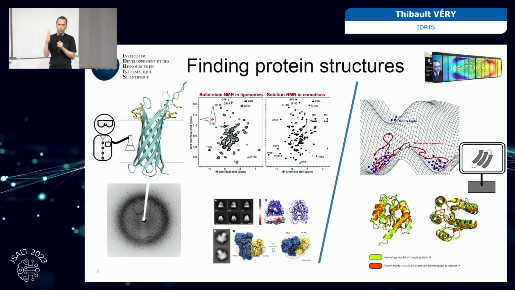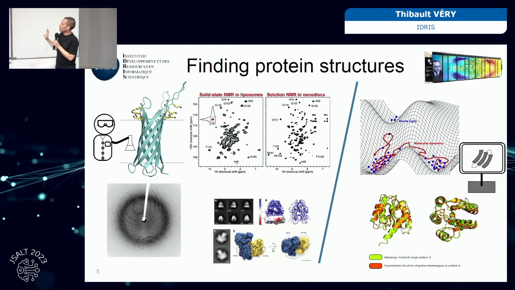to match the structure. Actually, AlphaFold, the AI method I'm going to talk about, is kind of related to this method, trying to find similarities in known proteins to find what we are interested in.